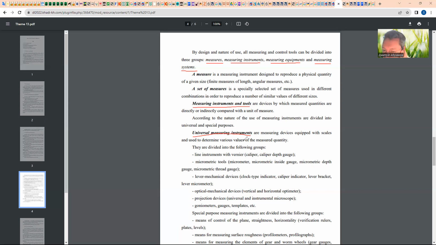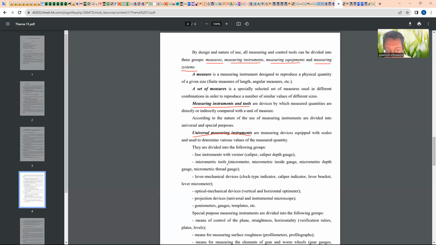They are divided into the following groups: line instruments with vernier, caliper, depth gauge, micrometric tools, micrometric inside gauge, micrometric depth gauge, micrometric thread gauge.